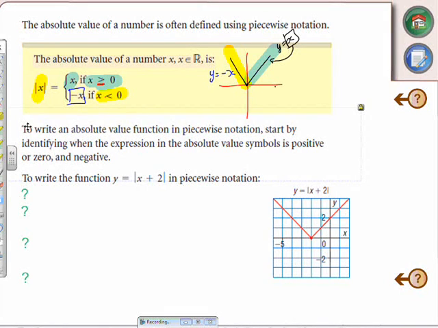To write an absolute value function in piecewise notation, start by identifying when the expression is positive, 0, and negative. Where does it bounce off the axes is really what we're asking. The x-intercept.